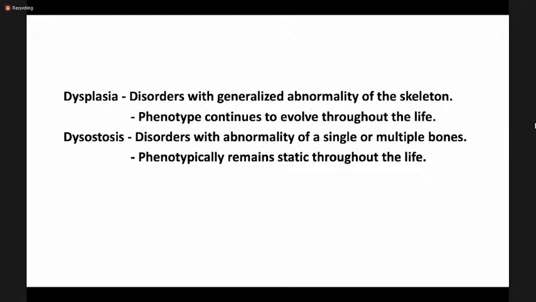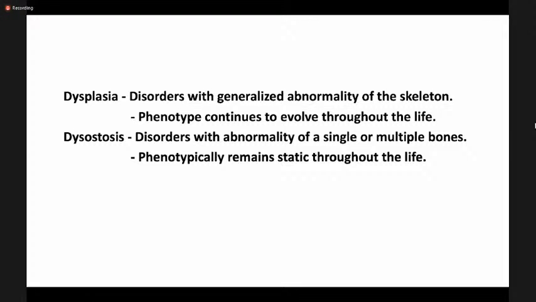Again, to define further terms, dysplasia: these are disorders with generalized abnormality of the skeleton. And the phenotype tends to continue and evolve throughout life. Then you have dysostosis, and these are disorders with abnormality of a single bone, which affects the bones alone.